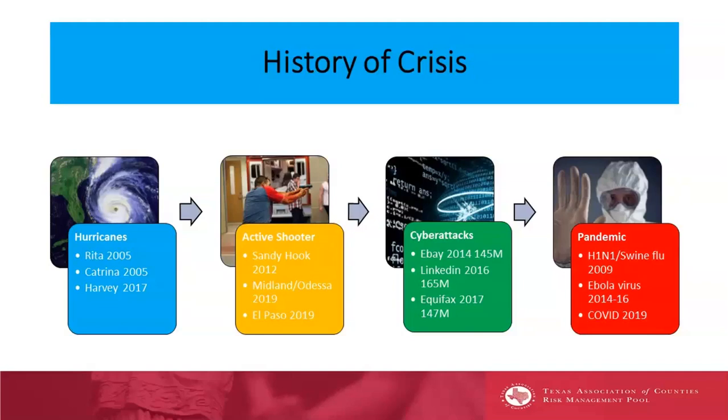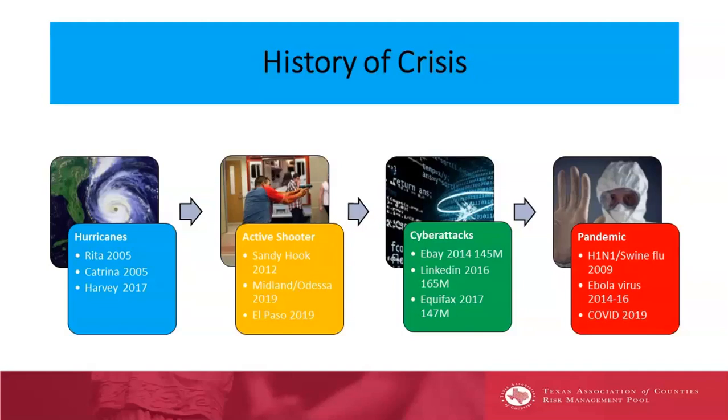Big companies were breached, and information for millions of people was taken without people even knowing. They didn't find out until months, sometimes weeks, later. And then finally, we've gone through one big crisis, a pandemic. Before that we had Ebola and H1N1. So we've had these types of crises before, but never as prevalent as today.